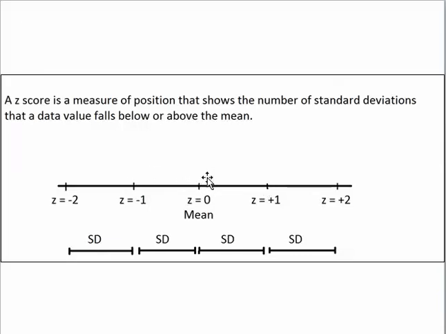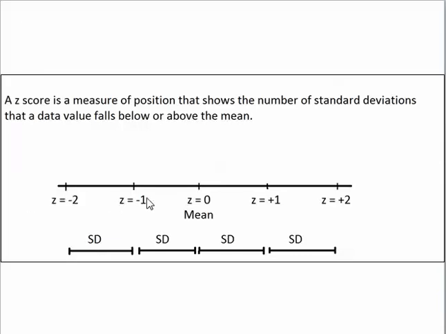Also, a person with an IQ of 130 has a z-score of +2, because 100 plus 15 is 115, and 115 plus 15 is 130. A person in the general population with an IQ of 70 has a z-score of -2, because 100 minus 15 is 85, and 85 minus 15 is 70.